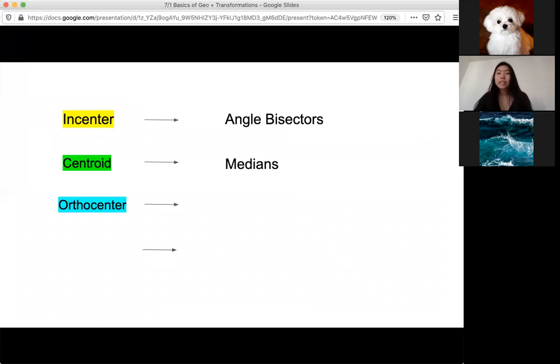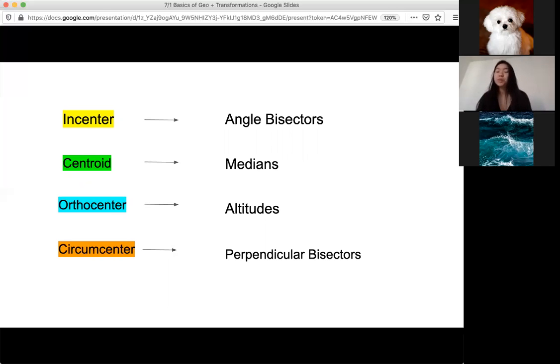The orthocenter would be made of three altitudes, and the circumcenter would be made up of three perpendicular bisectors. And remember that the centroid has the 2/3 rule as well. Does anyone have any questions?